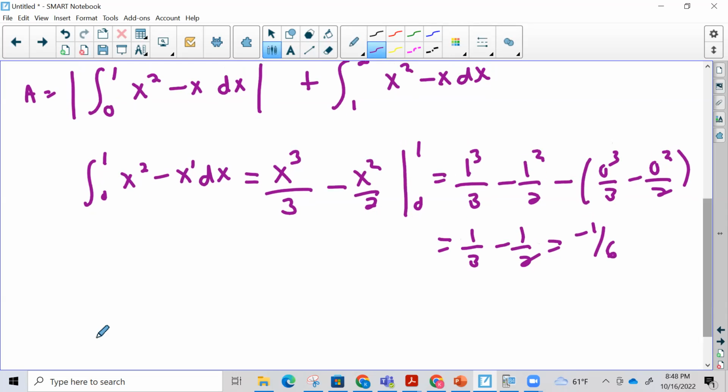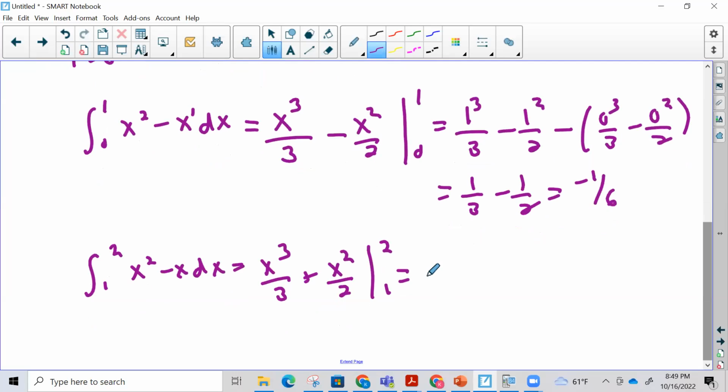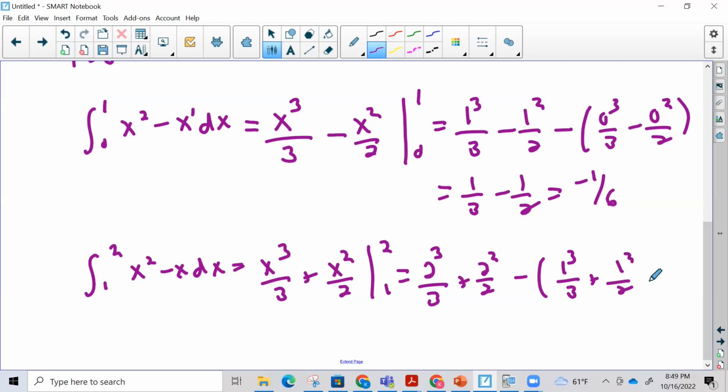So for the integral from 1 to 2 of x squared minus x dx, it's the same function, but our bounds are different. So from 1 to 2. We're going to plug in our upper bound first. We get 2 cubed over 3 minus 2 squared over 2, minus 1 cubed over 3 minus 1 squared over 2.